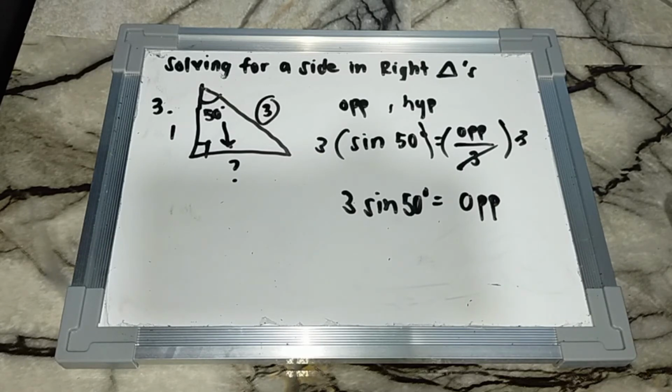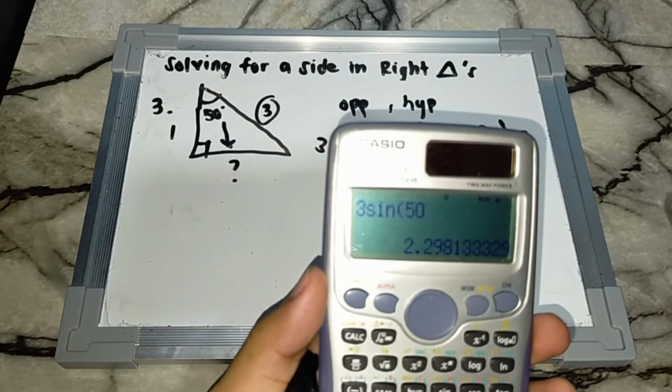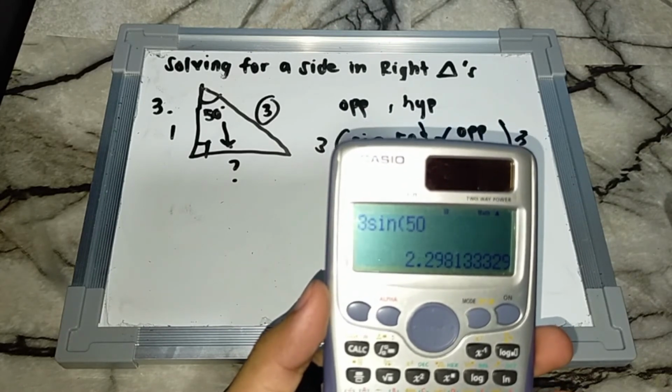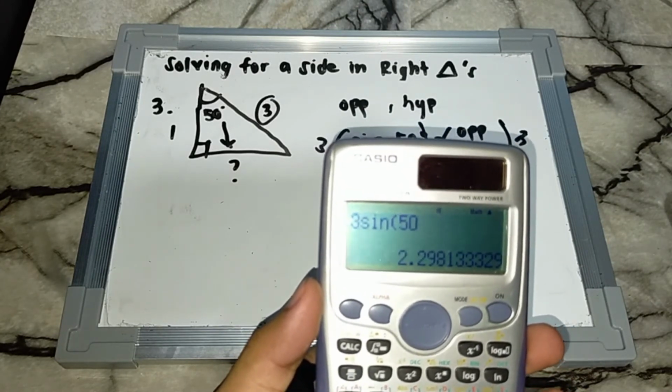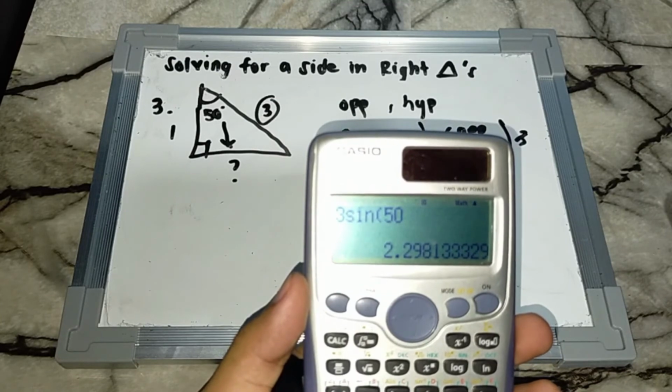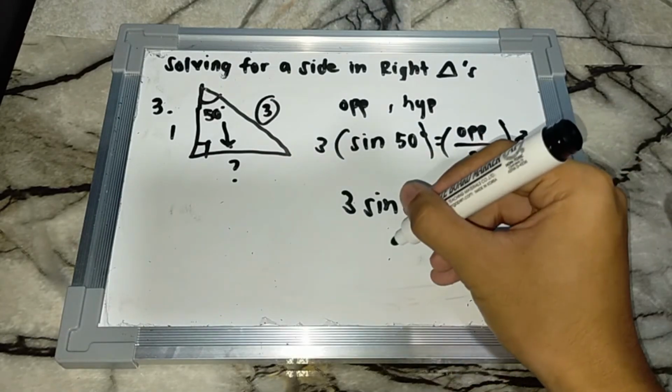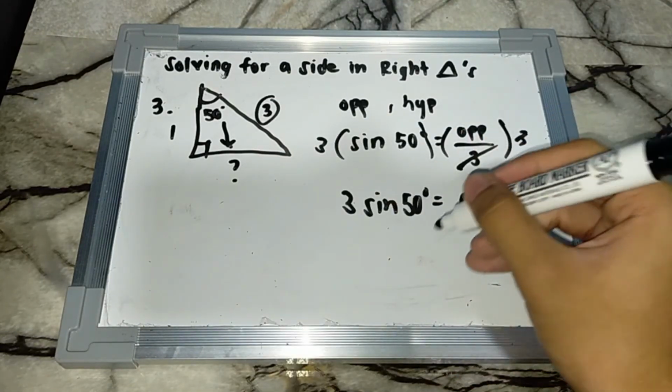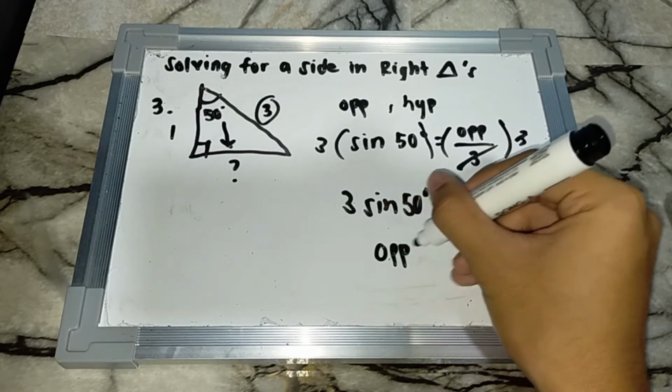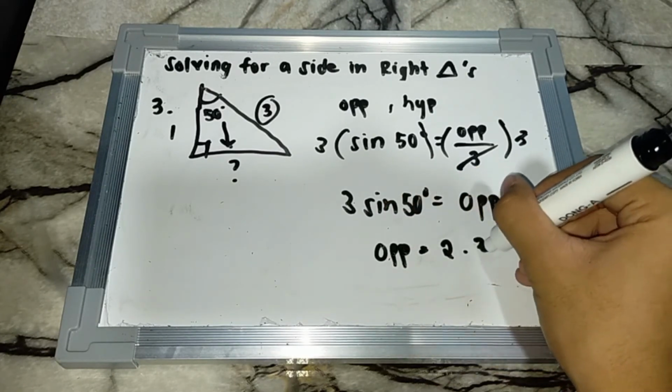And now, solving that using our calculator, 3 sine 50 is 2.298. So estimated, we have 2.30 or 2.3. So our measurement of the opposite is 2.3.